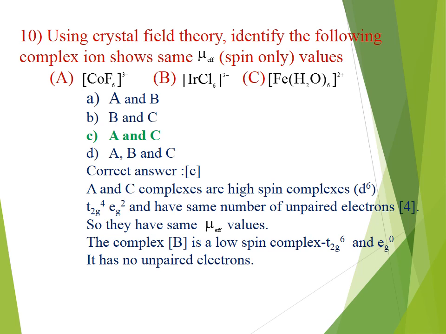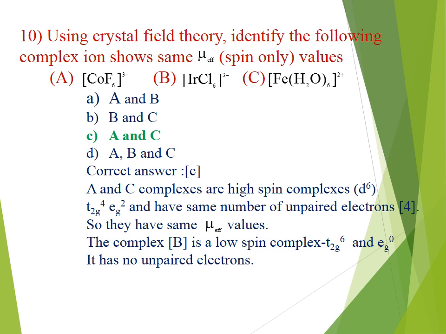Question number 10. Using crystal field theory, identify the complex ions that show the same mu effective spin only value. Here, 3 complexes are given. Complex A [CoF6]3-, B [IrCl6]3-, and C [Fe(H2O)6]2+. All 3 complexes are octahedral complexes.